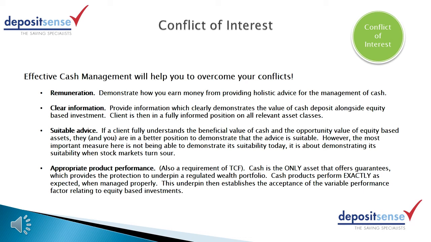You are also providing clients with clear information, which clearly demonstrates the value of cash deposits alongside equity-based investments, and the client is therefore in a fully informed position on all relevant asset classes, which enables you to justify the advice better and mitigate any form of conflict of interest.